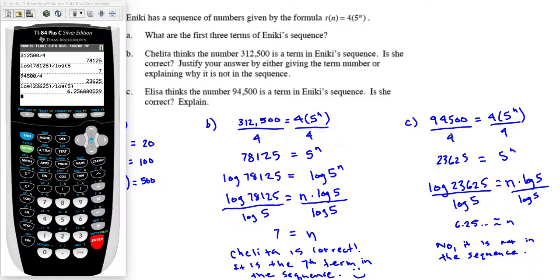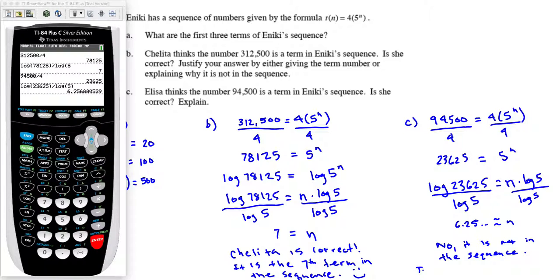Why? Well, because we got a decimal value here and we need only whole number values for our exponential values there. So our term numbers can only be whole numbers. If you want to write that in, that'd be a great answer.